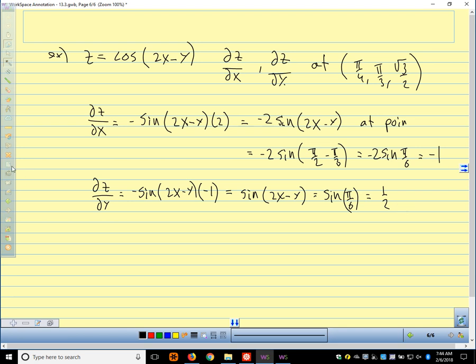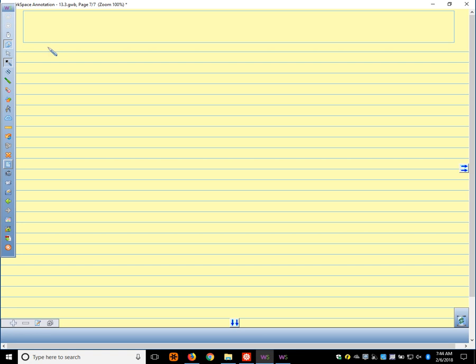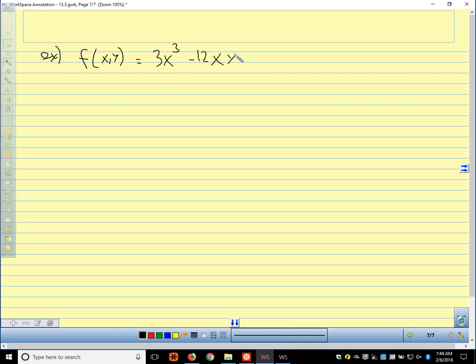All right, let's look at one more. Let's say that our function f of x, y is 3x to the third minus 12xy plus y to the third.